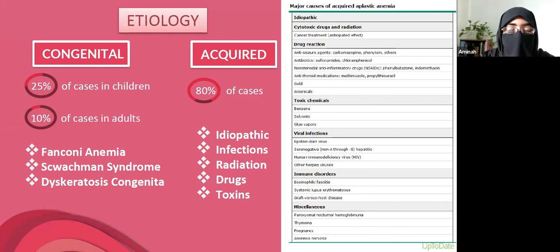These disorders are known by their specific names. That's why when you see the term aplastic anemia mentioned, they always say acquired aplastic anemia, because if they're referring to the inherited causes, they would name it by its respective name.